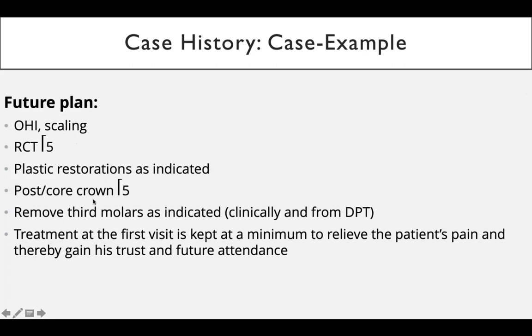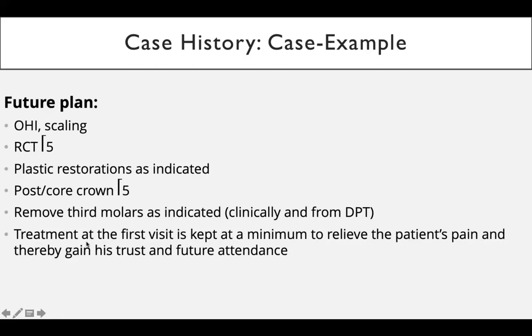Post and core crown we can give after RCT, root canal treatment; we can go for a crown or a cap, dental capping. Remove third molars as indicated clinically and from the DPT. This radiograph and the clinical exam tell us the third molar was in such bad condition that we have to remove it.